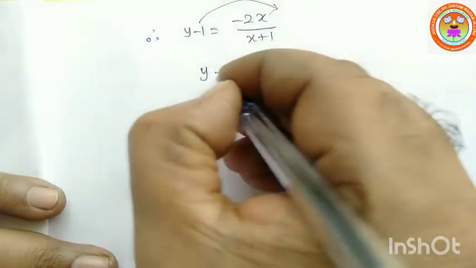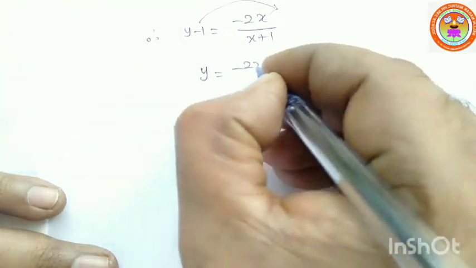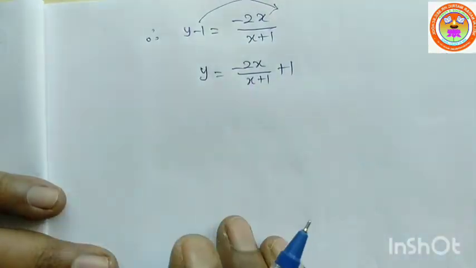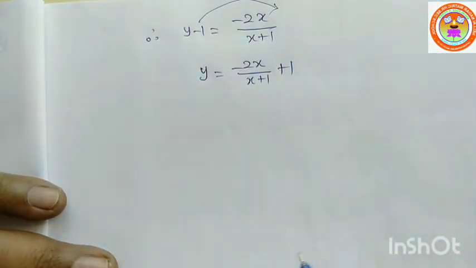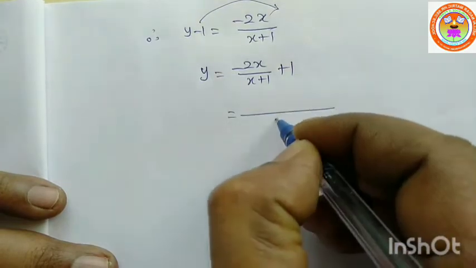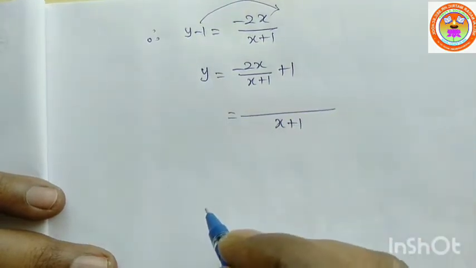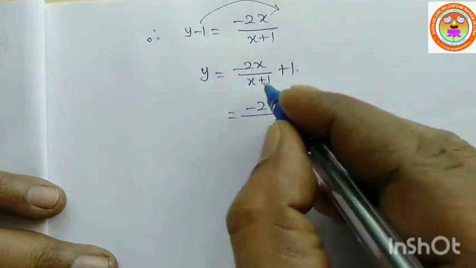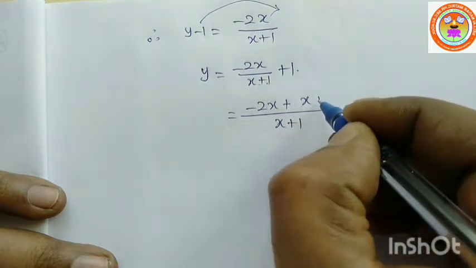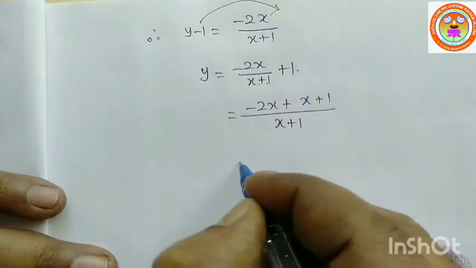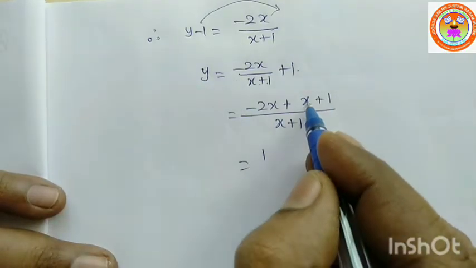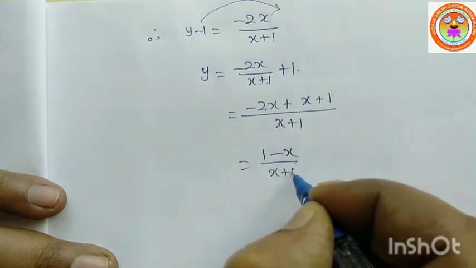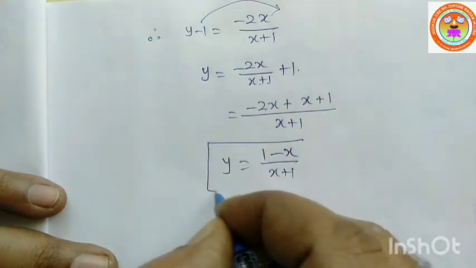So y is equal to minus 2x by x plus 1 plus 1. If you take the LCM, x plus 1, cross multiply, so minus 2x plus 1 into x plus 1 is x plus 1. So 1x minus 2x is minus x by x plus 1. This is the required curve.